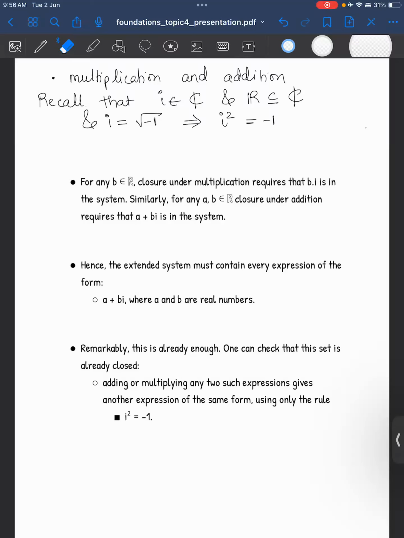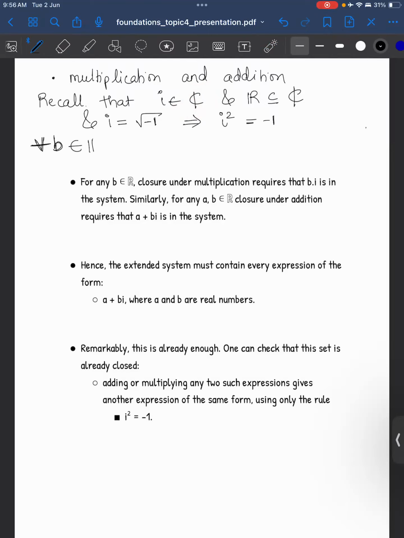So first, let us look at the implication of the closure of multiplication on this set C that we want to construct. So suppose we start with any b in R. I'll use the notation for all, which means that you can use any b from the set of real numbers.